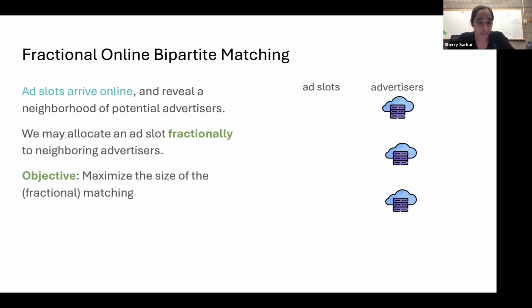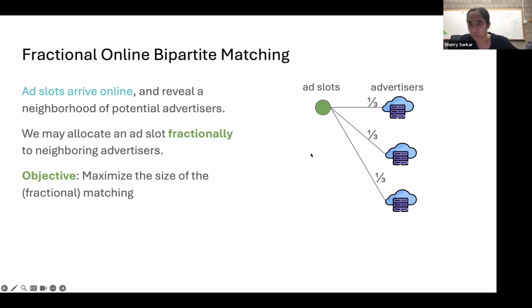Okay, so in fractional online bipartite matching, same setup. We again have ad slots arriving one by one, and we have to allocate this ad slot to advertisers, but the caveat is that we can allocate an ad slot fractionally to neighboring advertisers. So for example, maybe I give a third of mass from this ad slot to each advertiser, right?